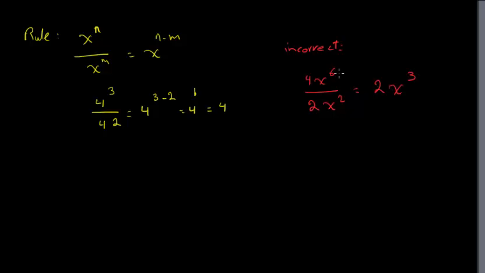We divide 6 by 2. But the correct form is 4x to the 6 over 2x squared is 2x to the 6 minus 2, which is going to be 2x to the 4.